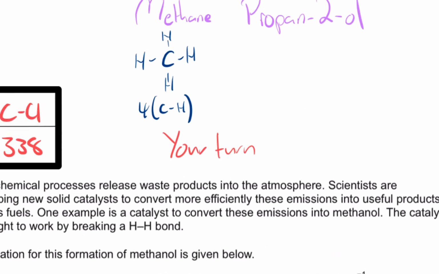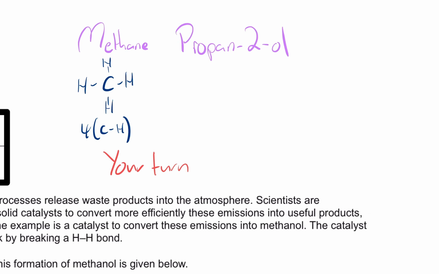Right, for propan-2-ol, pro means 3. So 1, 2, 3. 2-ol means we've got OH on that second carbon. And the an tells us that it's saturated, so it's full of hydrogens. So here we could see we've got 2 lots of these.